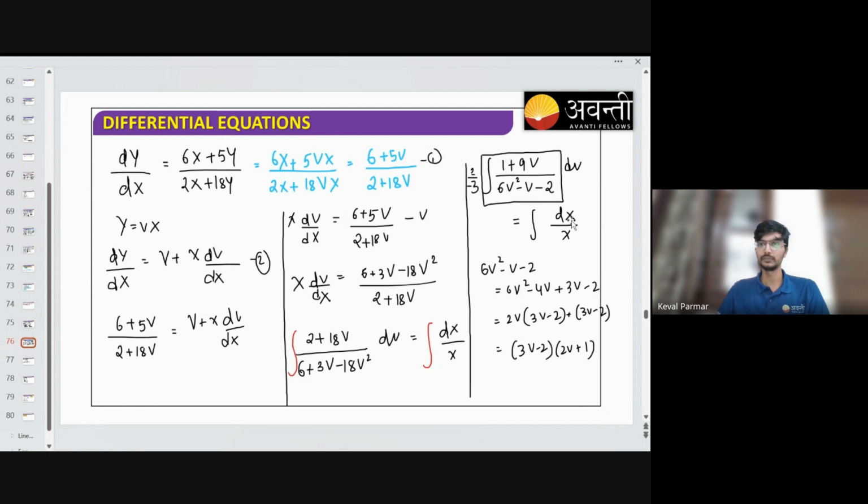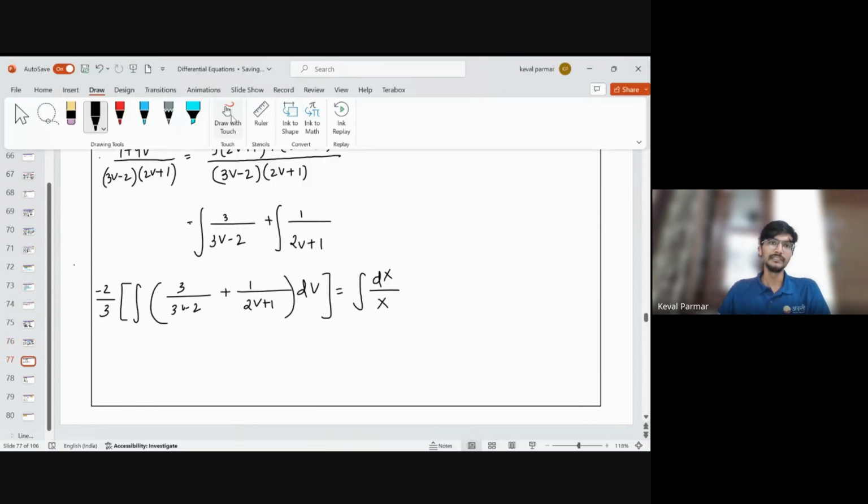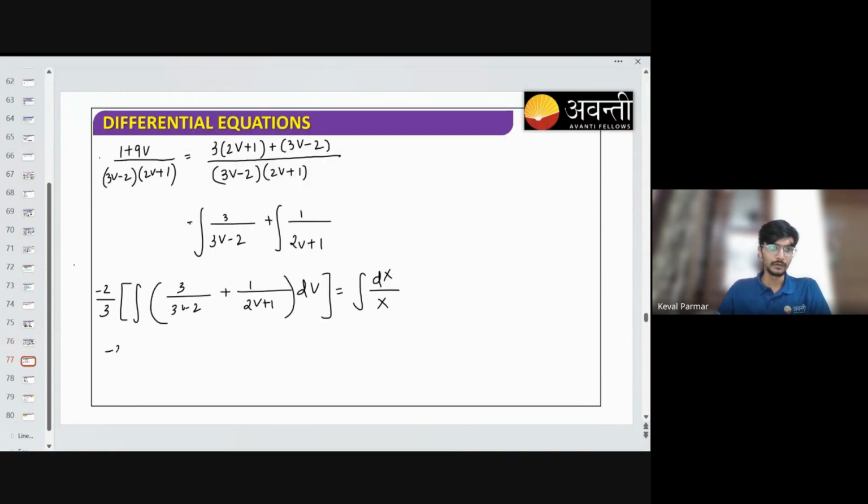Now all these integrations are very simple. All are log format. So I'll get 3 ln of 3v minus 2, and don't forget to divide by 3, the coefficient of v, so 3 and 3 will get cancelled, plus ln of 2v plus 1 upon 2 is equal to ln x plus ln c.